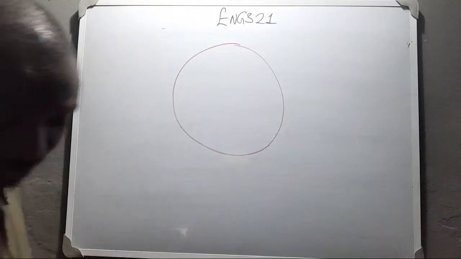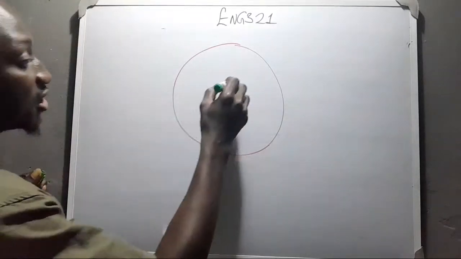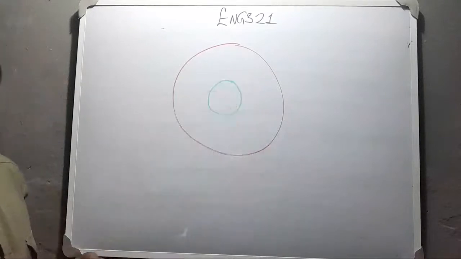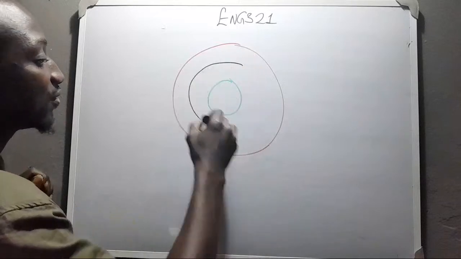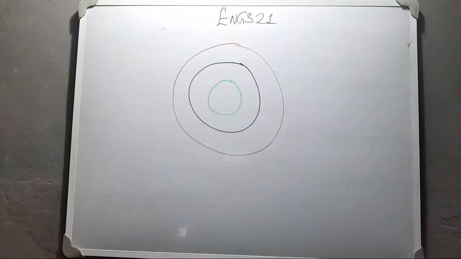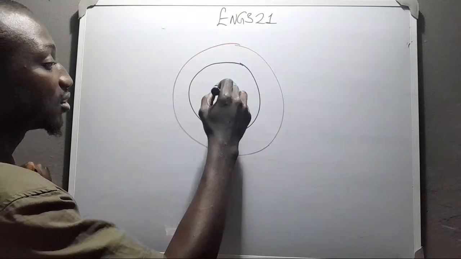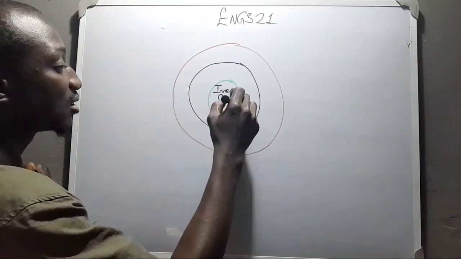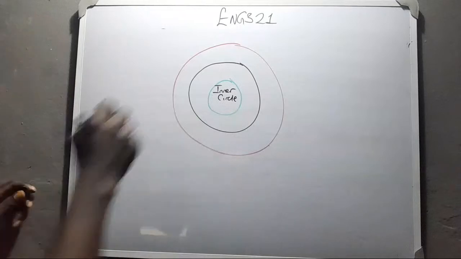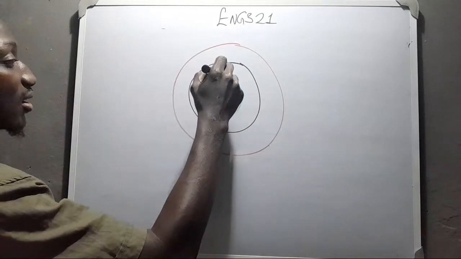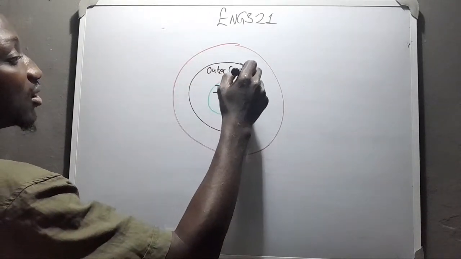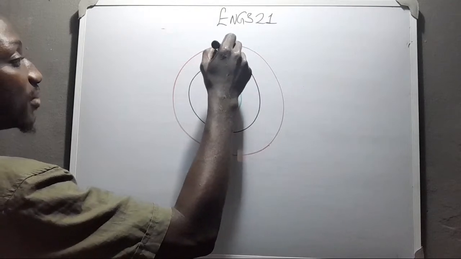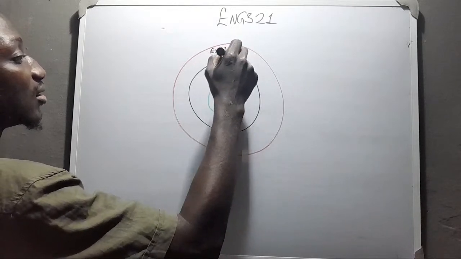Now we have the inner circle, the outer circle, and the expanding circle.